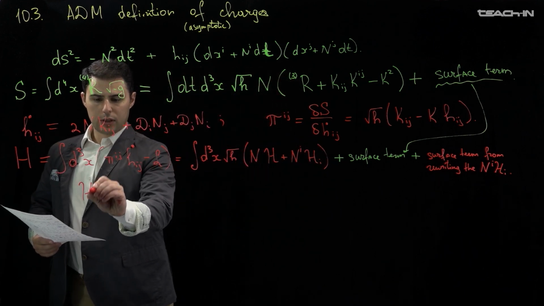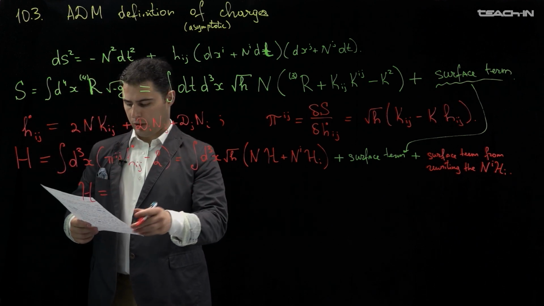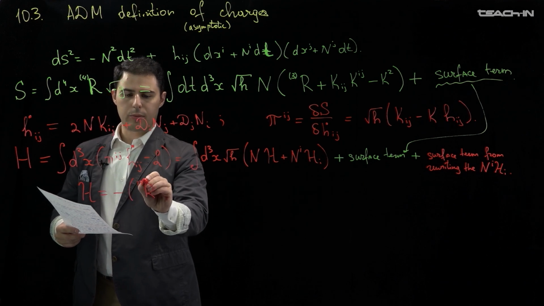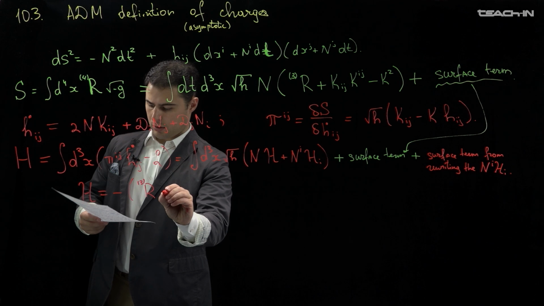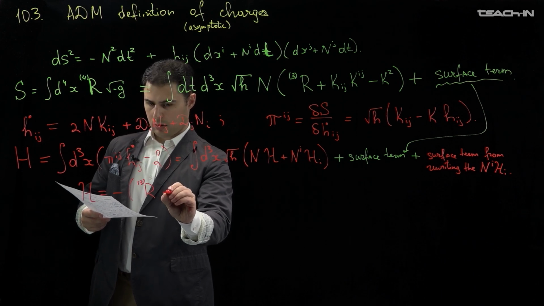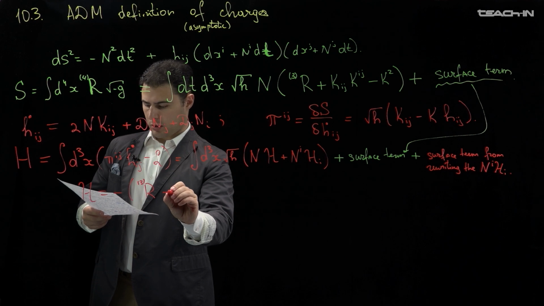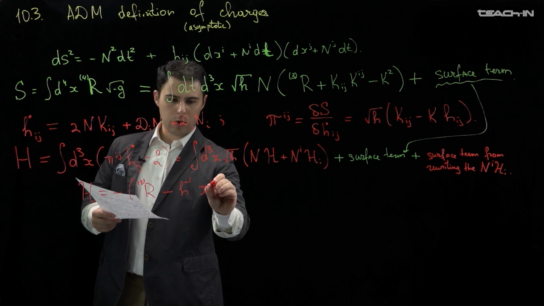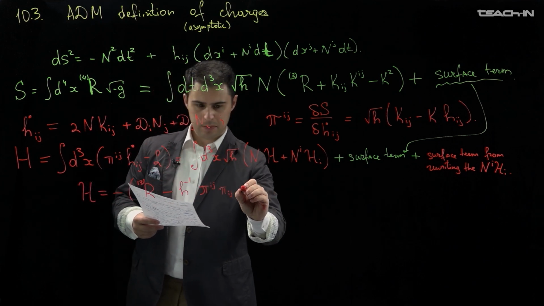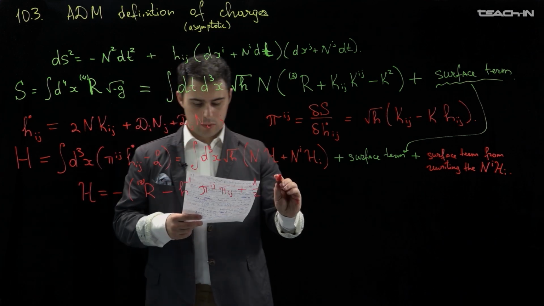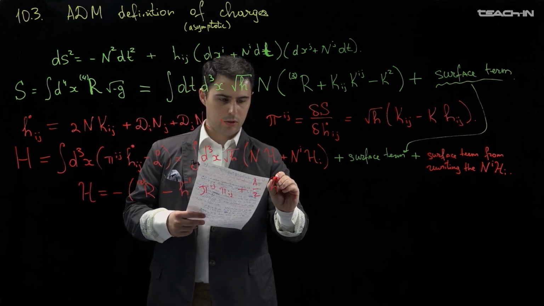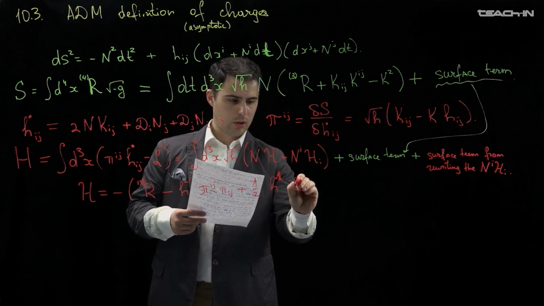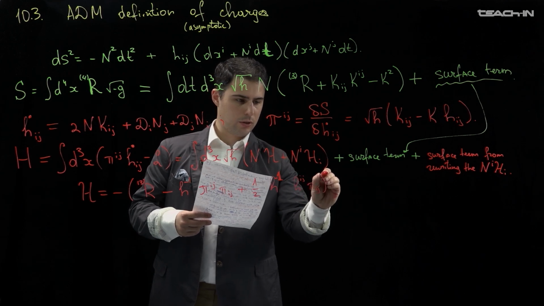So let us remind ourselves that H is given by minus the three-dimensional Ricci curvature, minus square root of h to the power minus 1 times P^ij P_ij, plus 1/2 square root of h to the power minus 1 times (h_ij P^ij) squared.